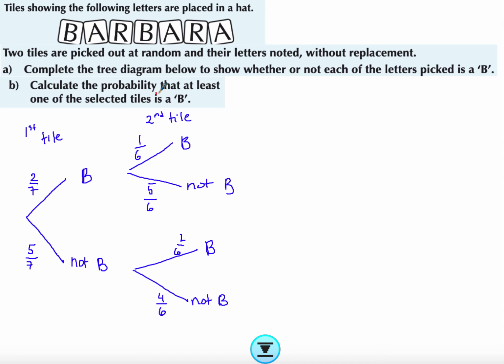So now I need the probability that at least one of the selected tiles is a B. This at least choice gets confusing to students. At least means that if I list out all the probabilities here, there's at least one. So either 1 or 2. So obviously because you have two tiles, either 1 or 2 are B, which means I'm not allowed to have no B's in my list.